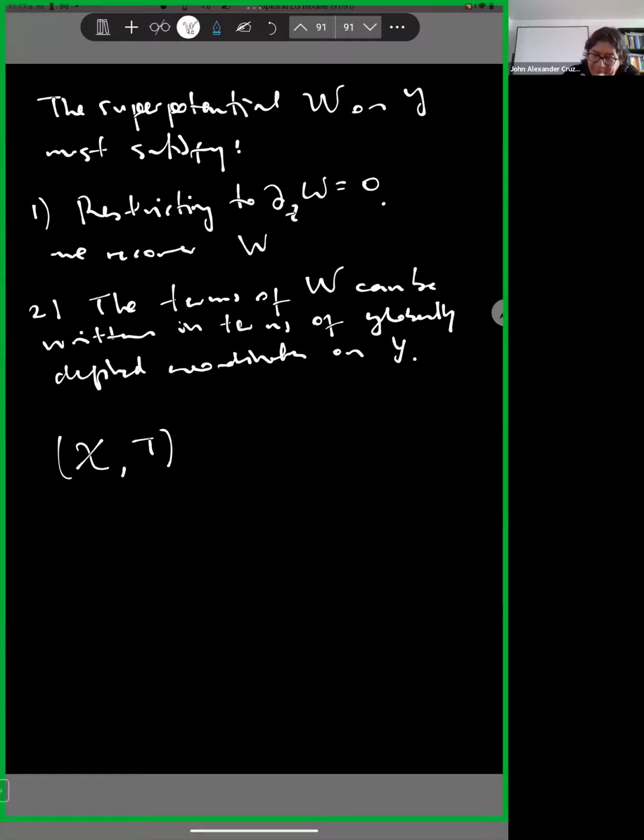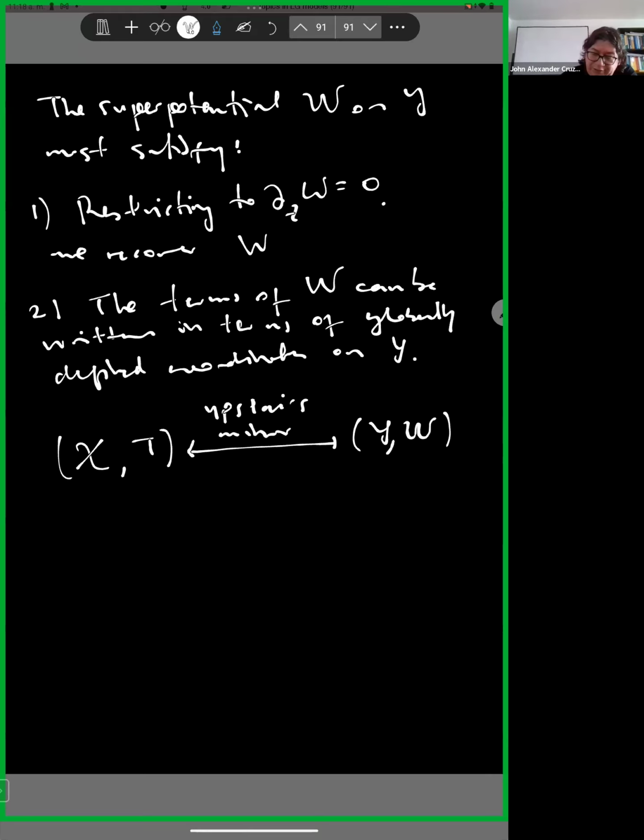Then we can construct the mirror, the upstairs mirror, and then the next mirror is this Landau-Ginzburg model of Y with these twisted masses.